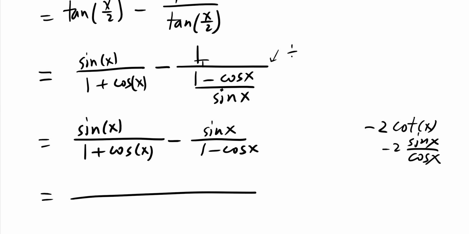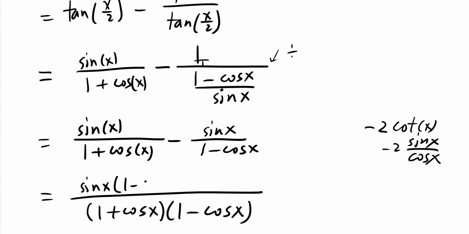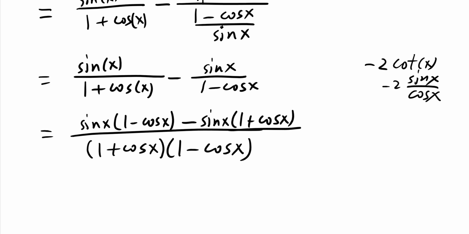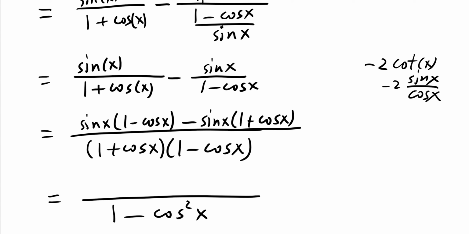We need to make it one fraction. 1 plus cosine x times 1 minus cosine x. And what goes on the top is sine x times 1 minus cosine x minus sine x times 1 plus cosine x when we found the LCD. The denominator, if you multiply it out, you get 1 minus cosine square x.